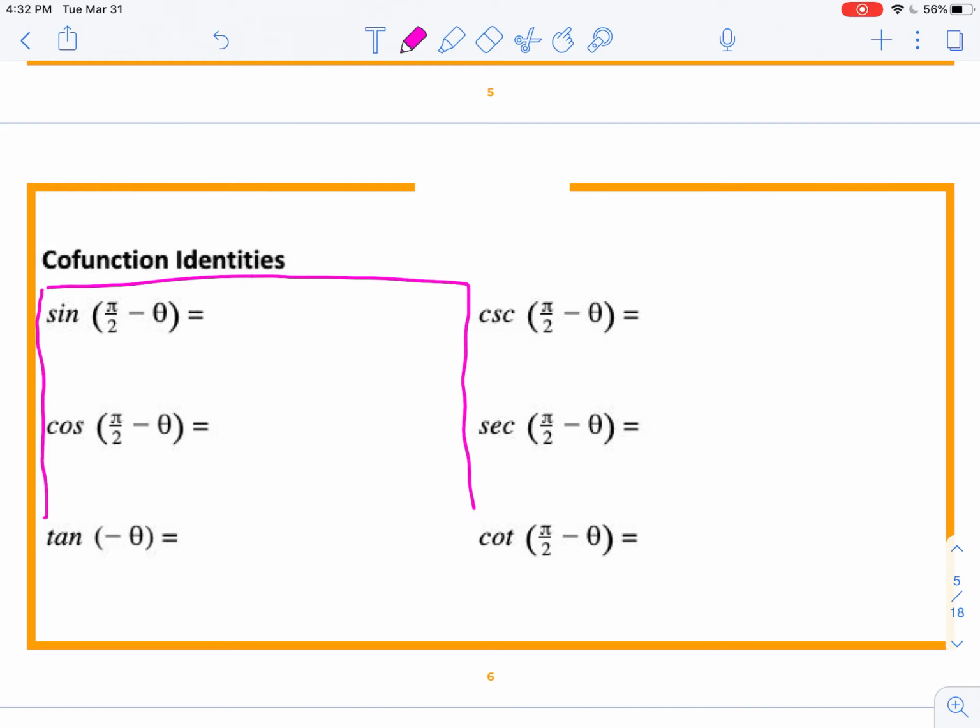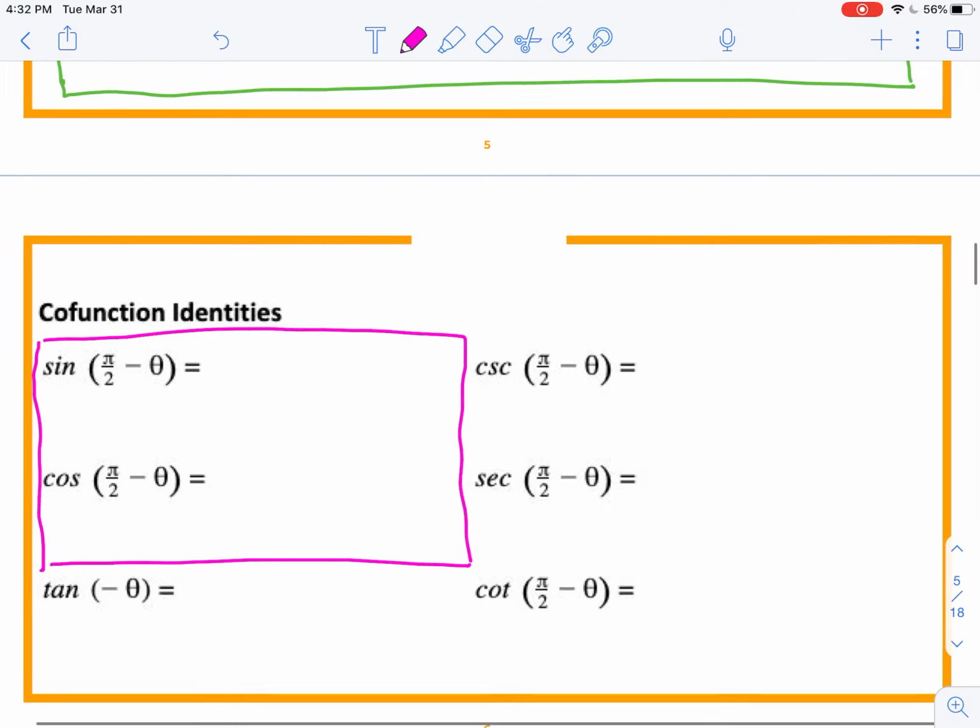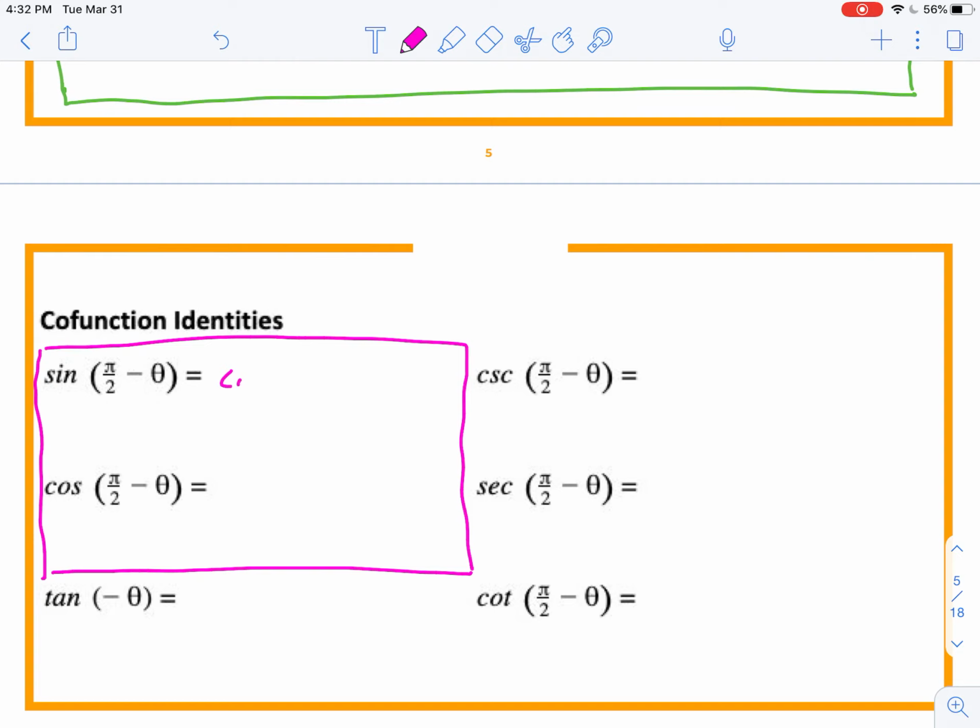The first pair is sine and its cofunction cosine. And so if we take sine of pi over 2 minus theta, we'll actually get cosine of theta. And if we take cosine of pi over 2 minus theta, we'll get sine theta.